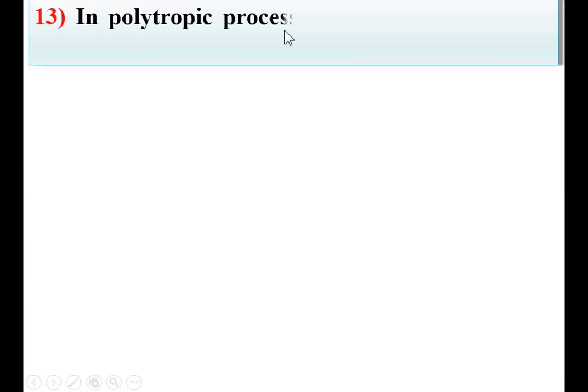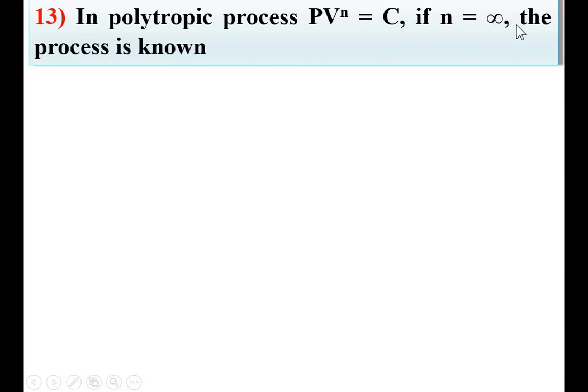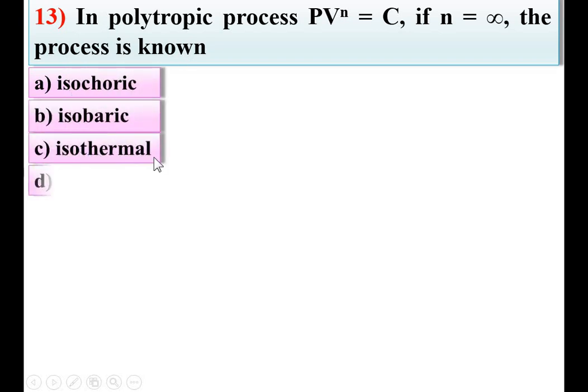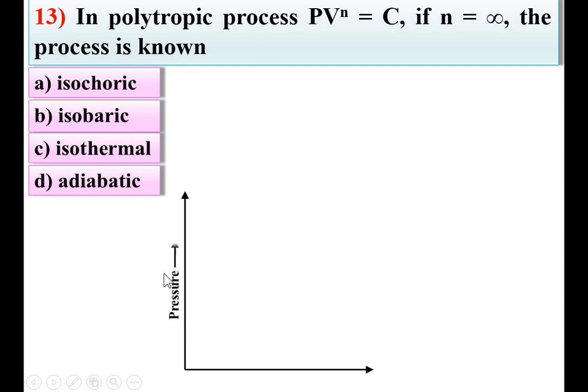Next, in polytropic process, PV raised to n is equal to constant. If n is equal to infinite, the process is known as option: isochoric, isobaric, isothermal, adiabatic. For this, try to understand the figure. This is the pressure versus volume diagram.